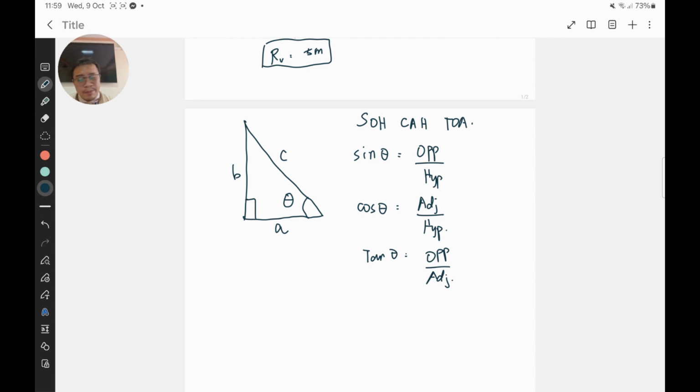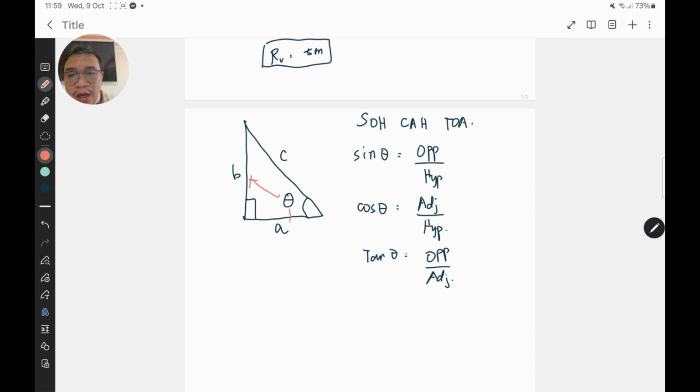In this particular example, opposite means the opposite side of the angle given. So in this case, our opposite side is side B, because that's opposite our angle. Adjacent is the side that is beside the angle.